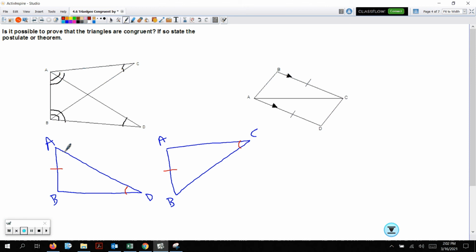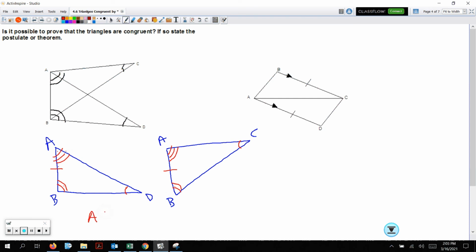All right, so now, well, angle A has to be congruent to itself, as so does B. Okay, so now I have either angle, angle, side, or angle, side, angle. You could go either way with this one.